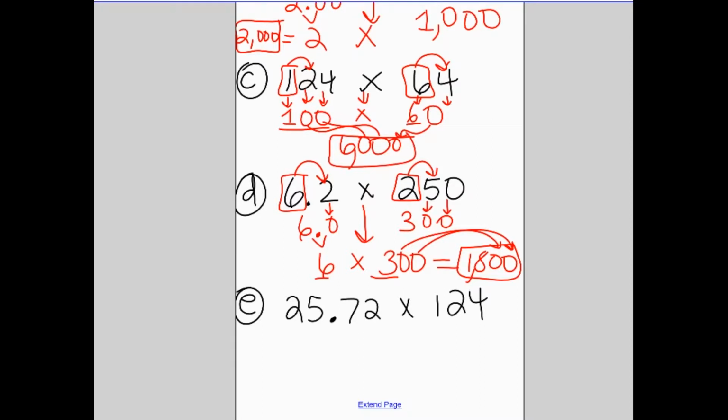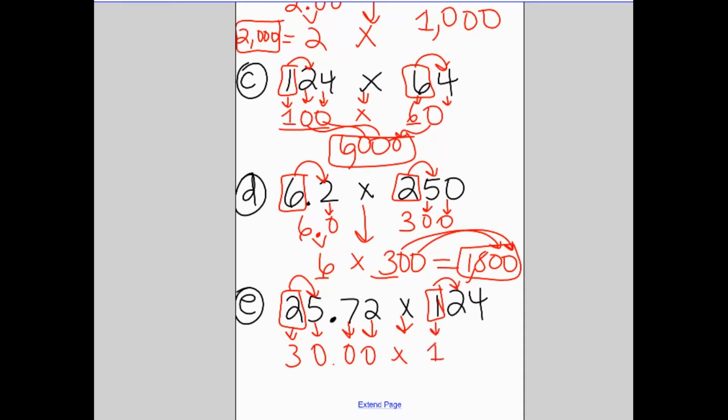Now our last example for the problems, we have 25.72 times 124. Now, the easiest way for us to do this is to round it to the biggest place value, which is the tens place here. That 5 tells the 2 to turn to a 3. So now I have a 30.00. Multiplying. Again, just like earlier on example C, I'm doing to the hundreds place. That stays a 100.